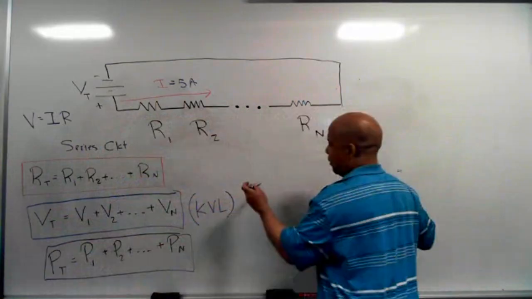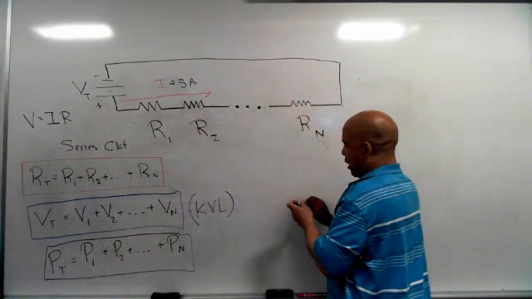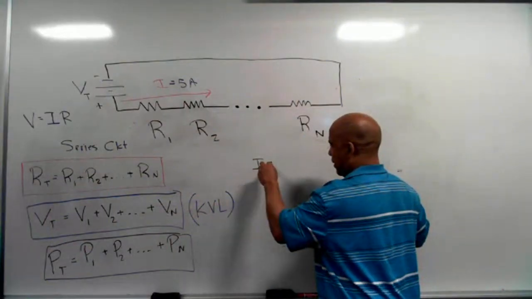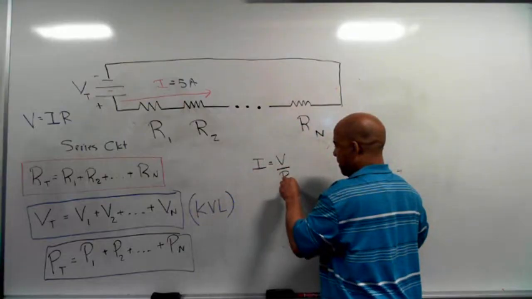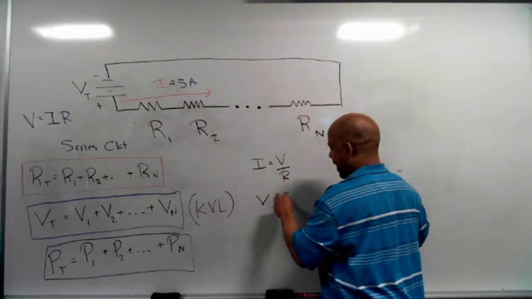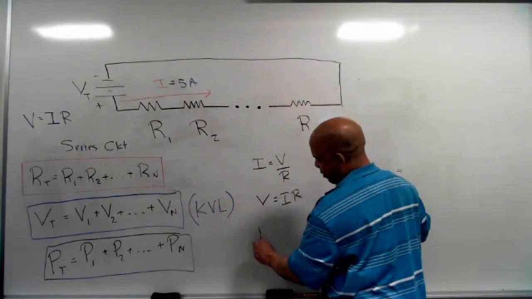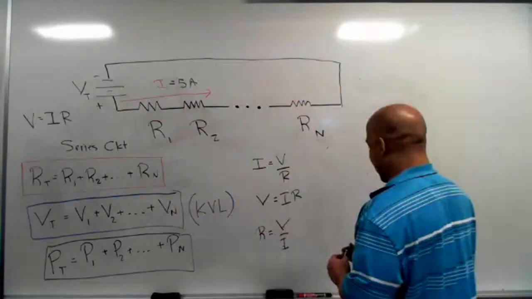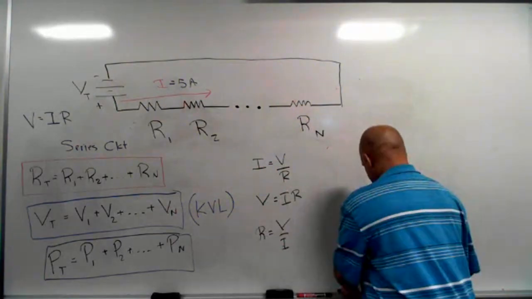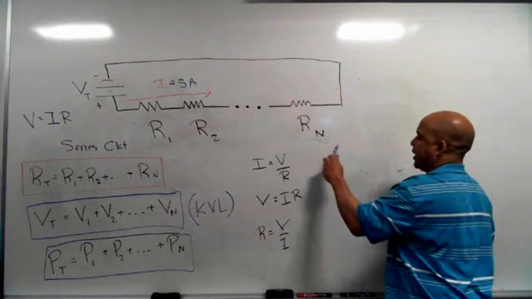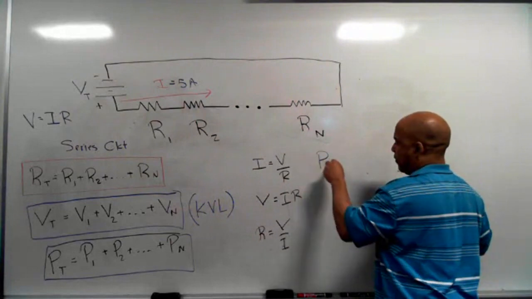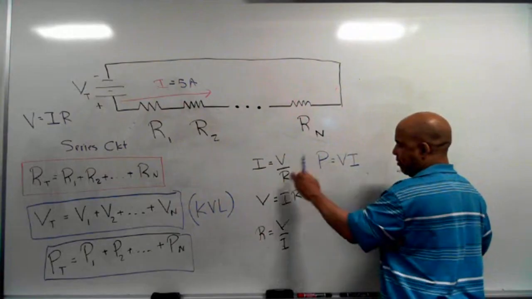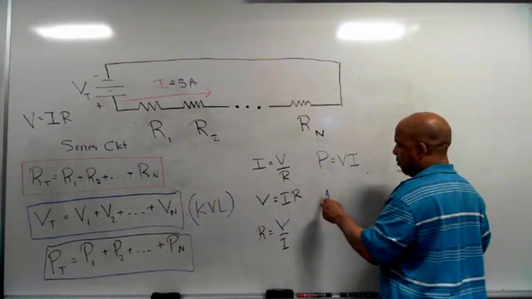And then we got what we learned about last week, Ohm's law and three ways to write it. We know that I is V on R, V is I times R, and R is V on I. And then we talked about Watt's law, which says that power is voltage times current, and we substituted for V and I using Ohm's law in combination with Watt's law.